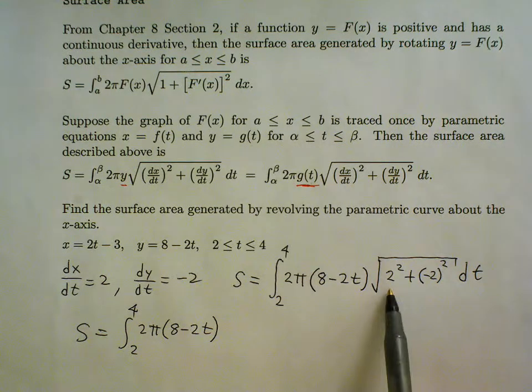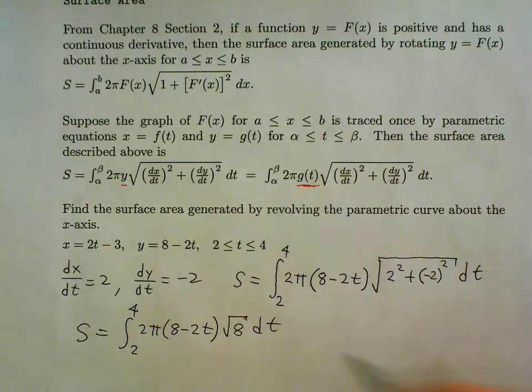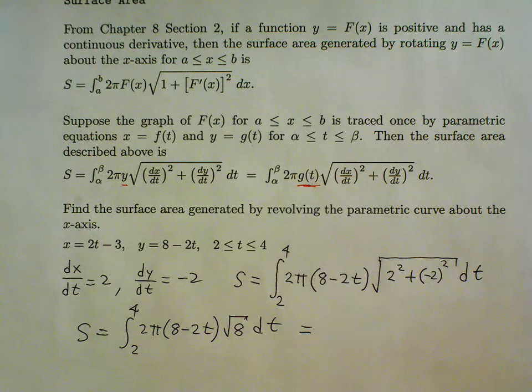So inside the square root, we have 4 plus 4, which is 8, so the square root of 8. Okay, the square root of 8 is 2 times the square root of 2.